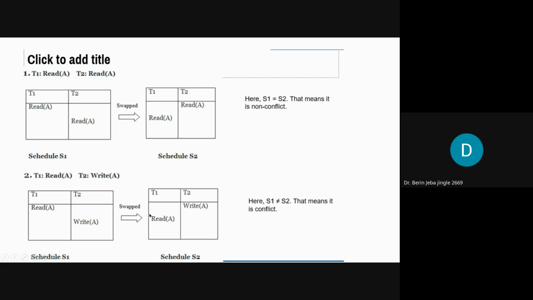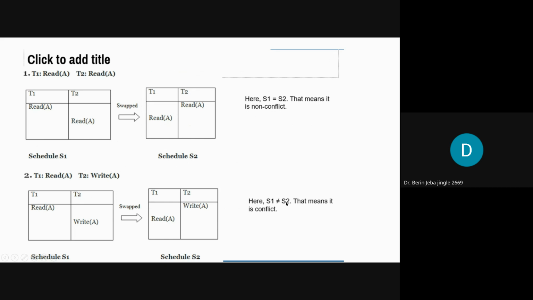When we take the second example, schedule 1 and schedule 2 also have T1 and T2 transactions. In T1, the initial read is done, and after that transaction 2 does the write operation. When it is swapped, first the write is executed and then the read. So the output of these two will change.